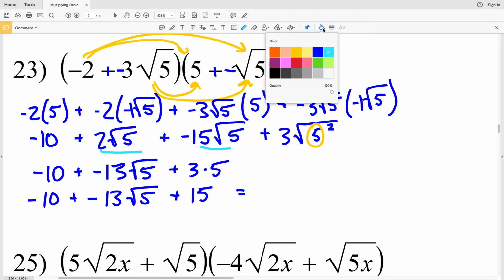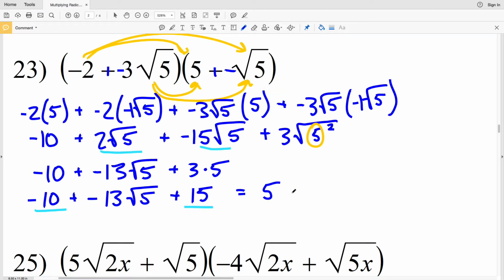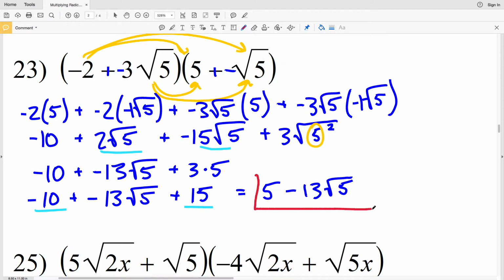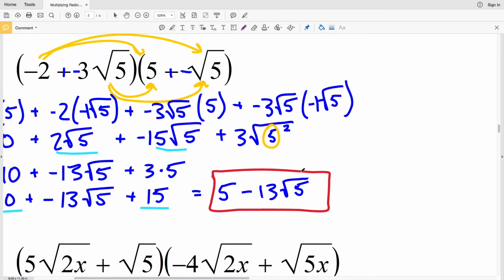So now, combining negative 10 and a positive 15, I'll get 5, and then as opposed to adding negative 13 times the square root of 5, I'll subtract positive 13 times the square root of 5. So that's 5 minus 13 times the square root of 5 for number 23.